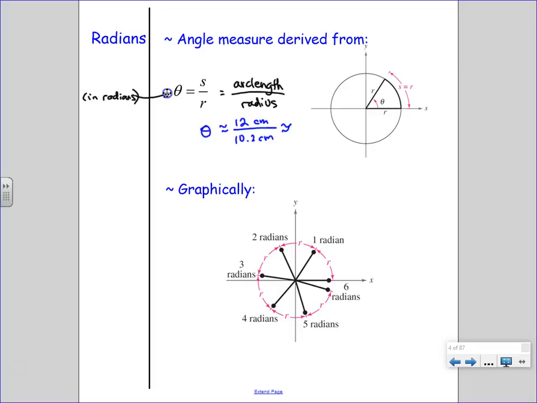What's 12 centimeters over 10.2 centimeters? Wait, don't the centimeters cancel out? So it's dimensionless? What does that mean? It's unitless. It's just a number.